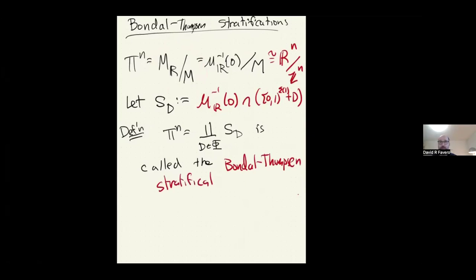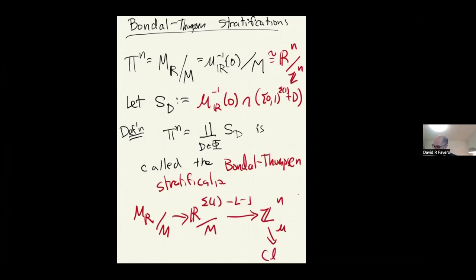And let me just remind you, we got that from maps by the negative of the flooring map to Z^N, and then I mapped by mu to the class group of this torus.